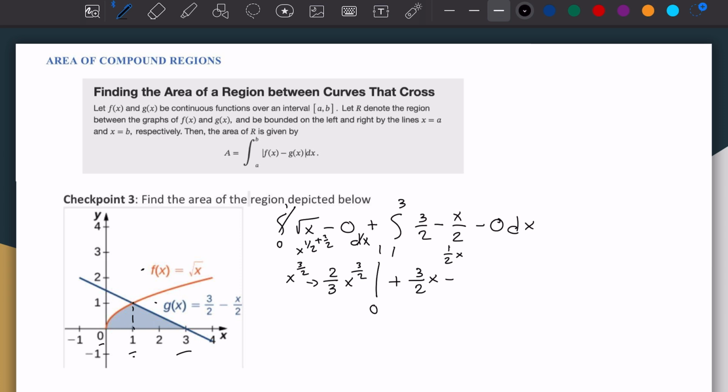So then got to add the 1. We'll make it 1/2 times 1/2 x squared, which will then just go to 3 over 2 x minus 1 over 4 x squared, and then that'll be from 1 to 3.